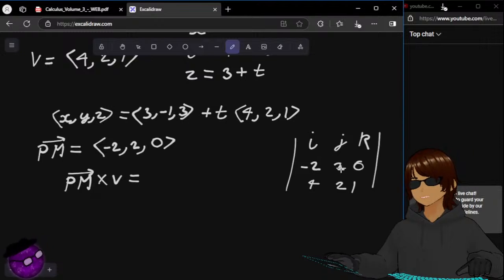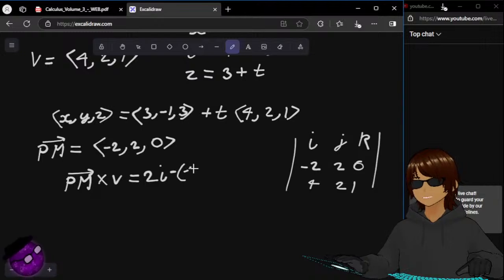So the cross product is 2 times 1 is 2 minus 0 times 2. That's the i part. And then minus 4 times 1 is 4 minus 0 times 4. That's the j part.